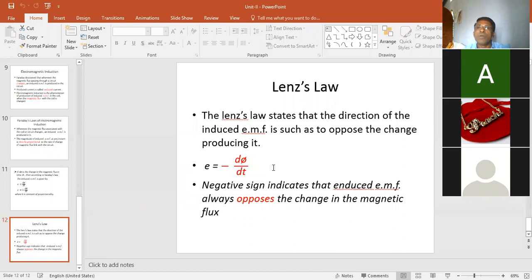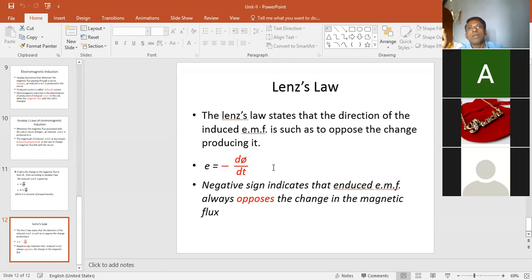Next point is mutual induction. What is mutual induction? For mutual induction, we need two coils which are very close to each other. They are not in contact with each other, but they are very close. We can name them first coil and second coil.